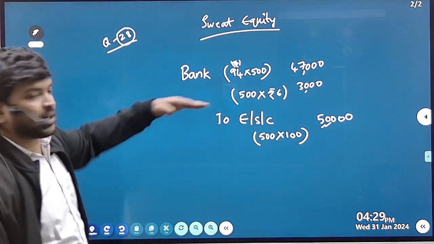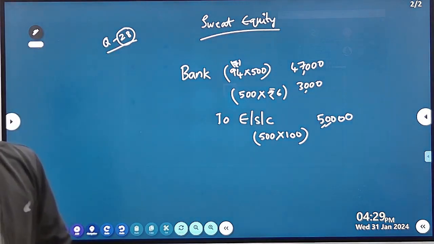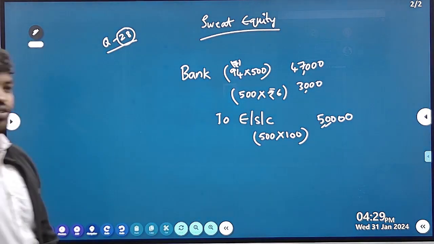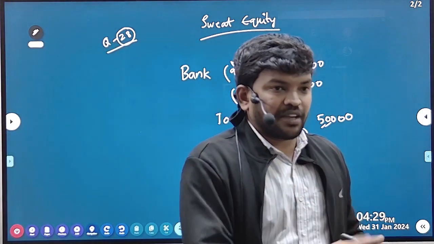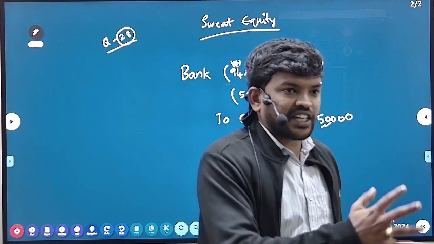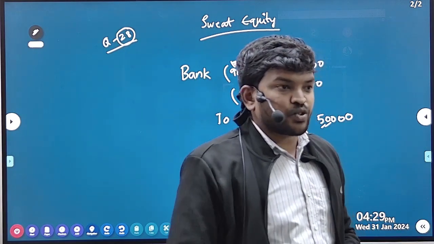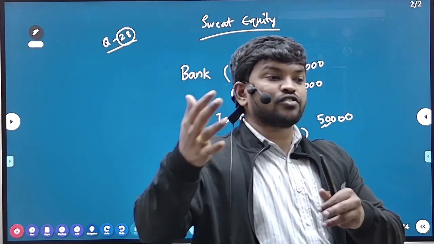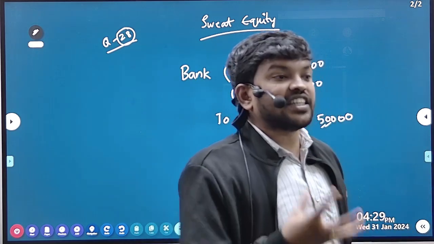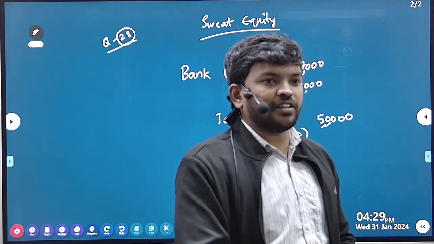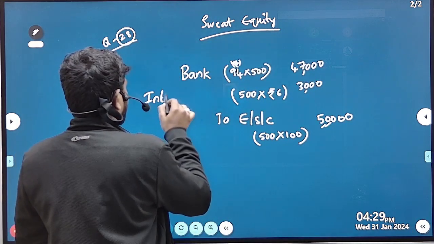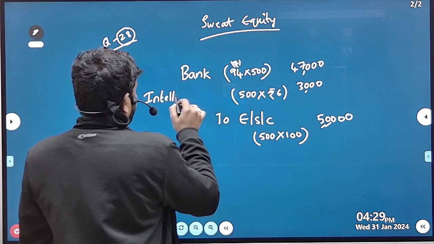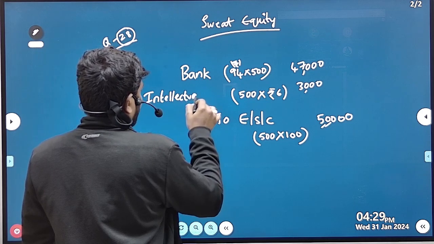You should not debit the discount account, but you should debit the intellectual property account. Sir, what is this intellectual property? This is an asset. The particular employee or director is an asset, yes or no? So that intellectual property they have sold to the company indirectly. That's why you have to debit the intellectual property account.